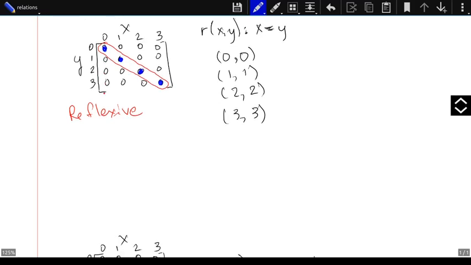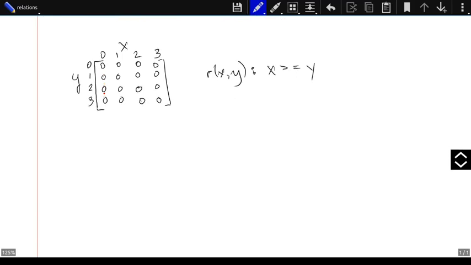So let's look at another example where we have x is greater than or equal to y. So given the values of x that we have here, what pairs satisfy this relation? Well, for 0, 0 is greater than or equal to 0. That's the only value of y for which that is true. What about for 1? Well, 1 is greater than or equal to 0, and 1 is greater than or equal to 1.